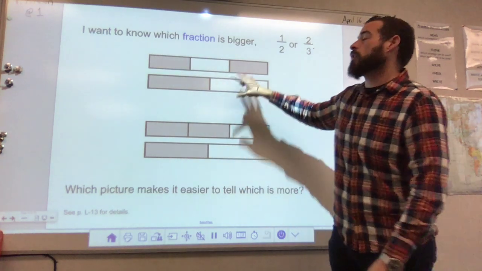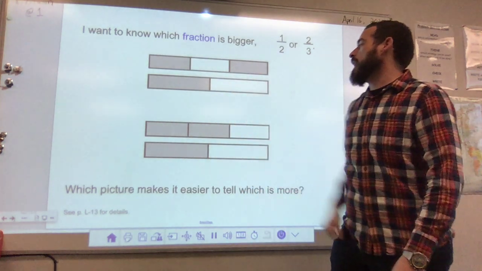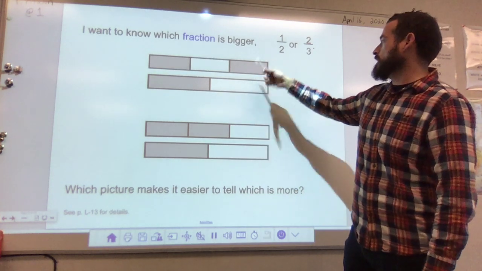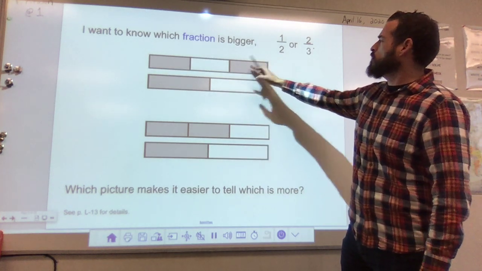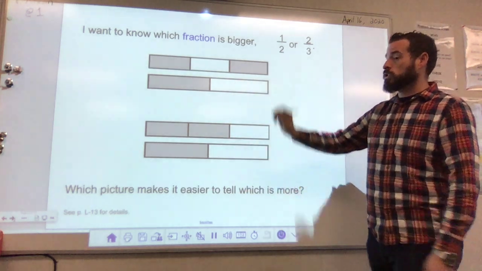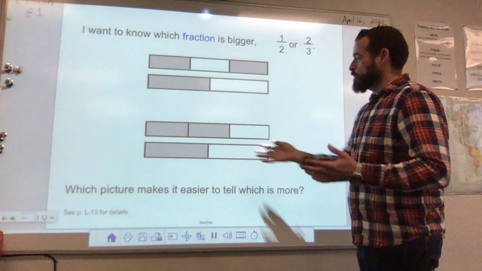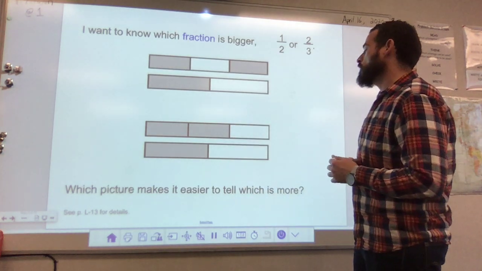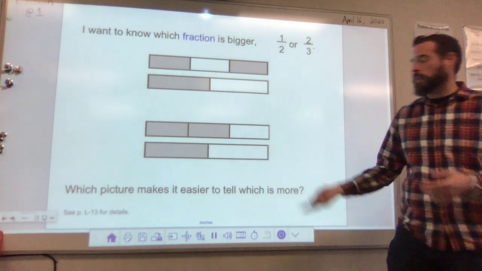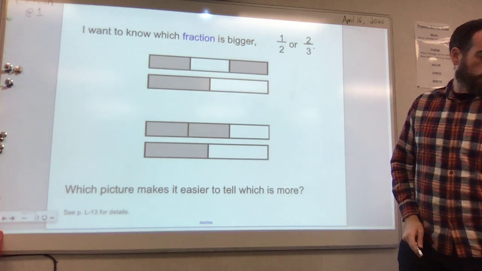That's still the same fraction, 2/3. 1/2 here, but it's a lot harder to visually see this and to say, okay, 2/3 is bigger than 1/2. So if you do it like this when you're shading in, it'll just make it a lot easier to tell which one is bigger. So that's just a tip when we're doing that.